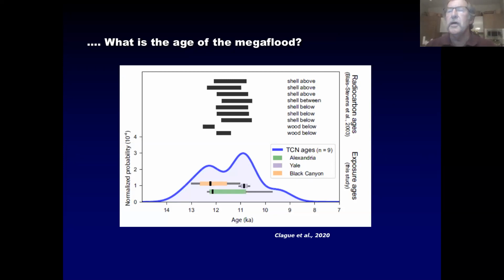And over time, at a known rate, cosmic rays, solar radiation, will produce beryllium-10 ions, and that accumulates in this thin crust of rock within these flood-transported boulders. So over time, beryllium-10 increases, and you can determine from how much beryllium-10 there is in this crust of each boulder what the approximate exposure age is.